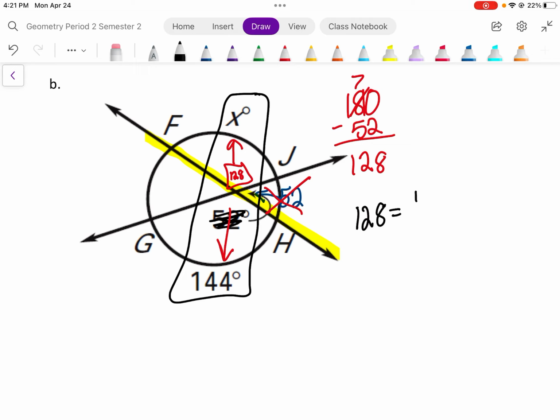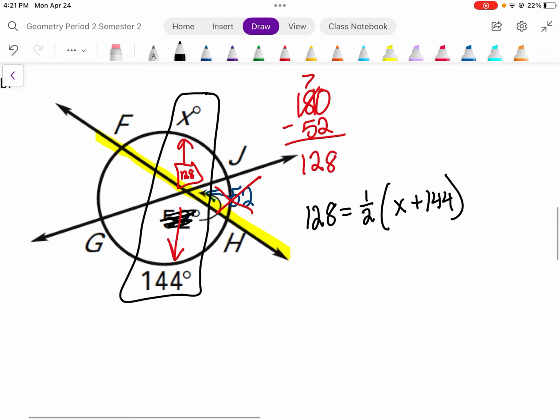Once we know that angle measurement, we're going to take 128 and put it equal to 1/2 of X plus 144. When you're solving, you can either start by distributing the 1/2, or you can just get rid of it by multiplying both sides by 2. When you do that, you no longer have the half, and you're just left with X plus 144.